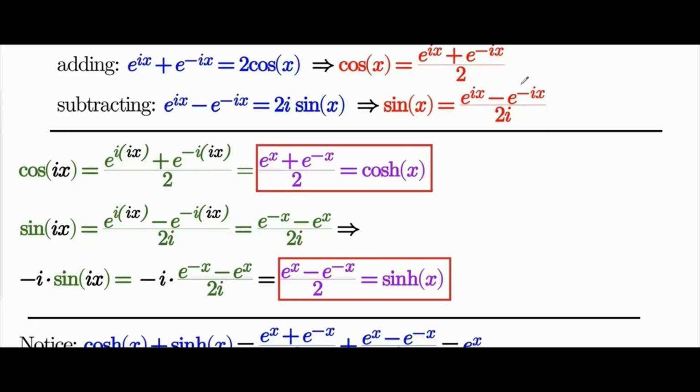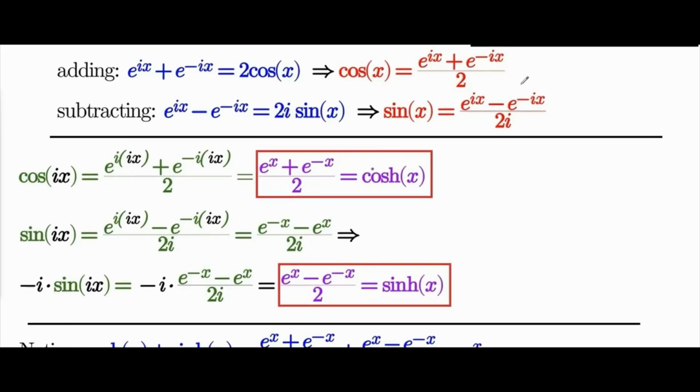Well, then we can go a step further, and if you want to get the definitions of hyperbolic cosine and hyperbolic sine, just take these and put ix instead of just x. Just put an ix in the input, keeping in mind that i squared is -1 because i is, by definition, the square root of -1.